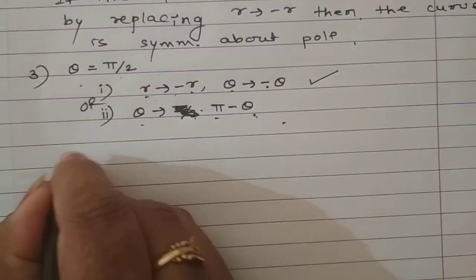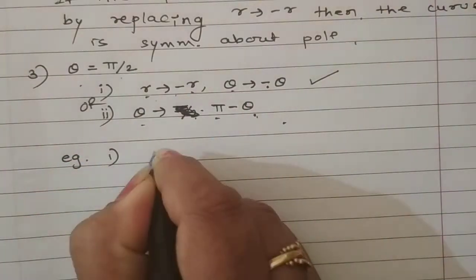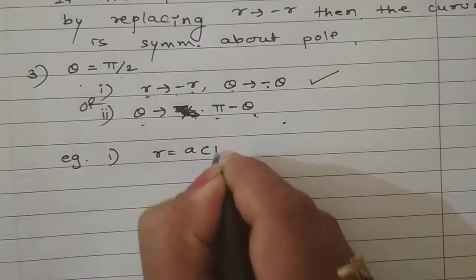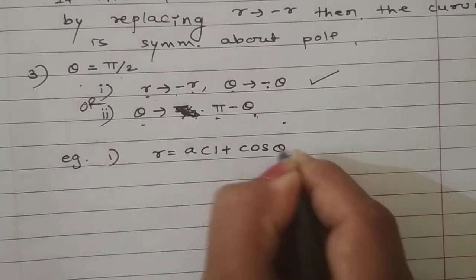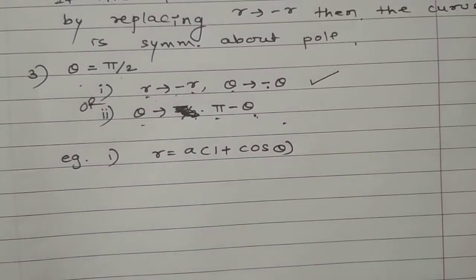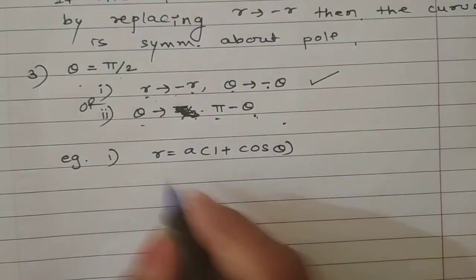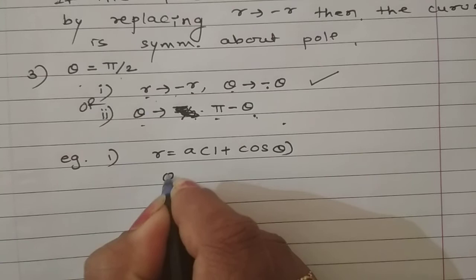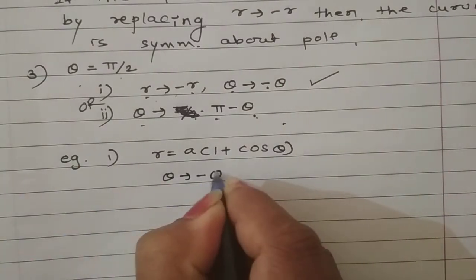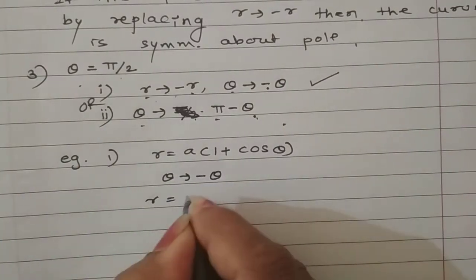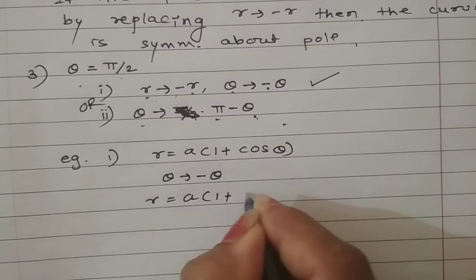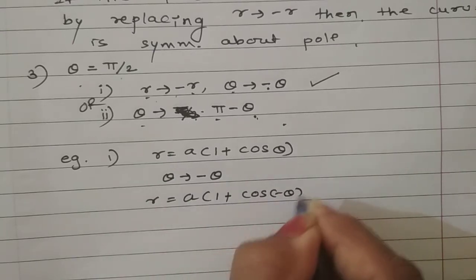For example, first take r is equal to a into 1 plus cos theta. This is the given equation of polar curve. Now in this equation, when we replace theta by minus theta, we get r equal to a into 1 plus cos of minus theta.